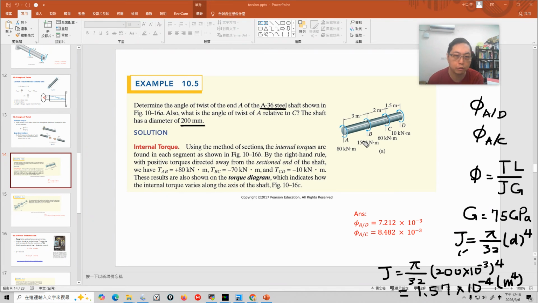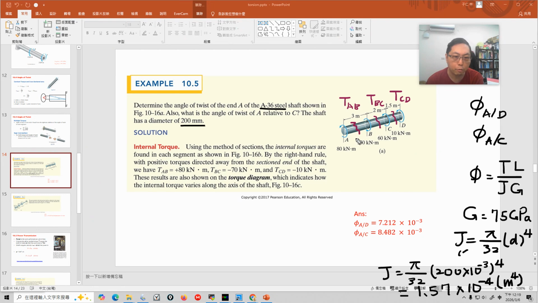For this problem, we can use the section method. We cut a section here and a section here. In these sections we have torque AB, torque BC and torque CD. The torque AB causes the local deformation of the AB section, the torque BC causes the deformation of the BC section, and the torque CD causes the deformation of the CD section.